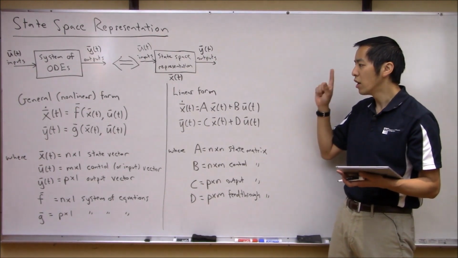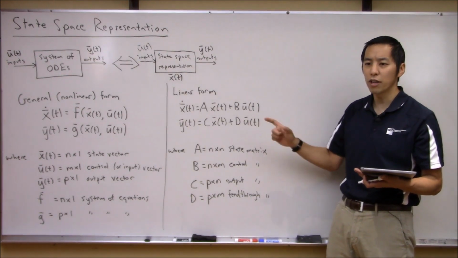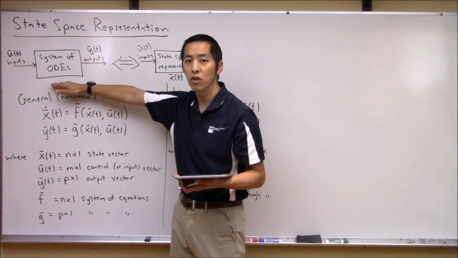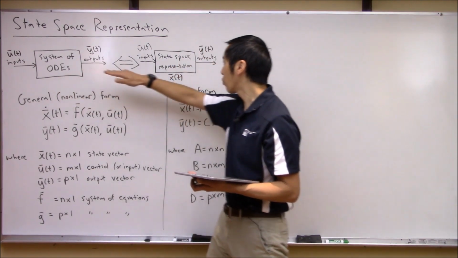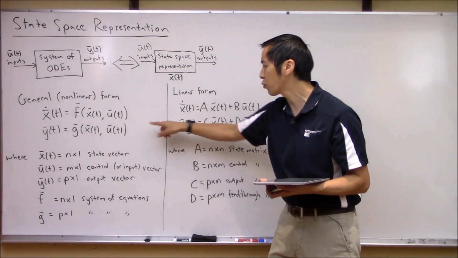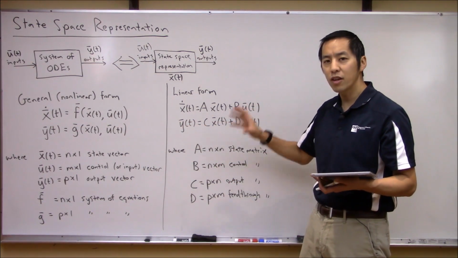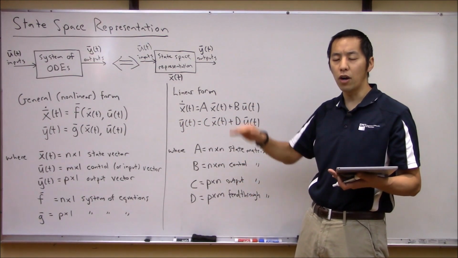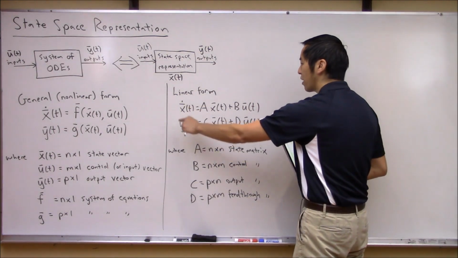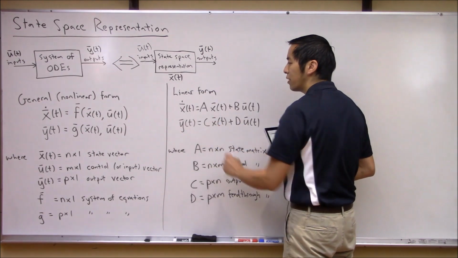The takeaway here is that state space representation is about starting with a system of differential equations. All we want to do is rewrite them in one of these two formats, as a series of vector-valued or matrix equations. And what's interesting about this is if you look at these two, I only see a single derivative.